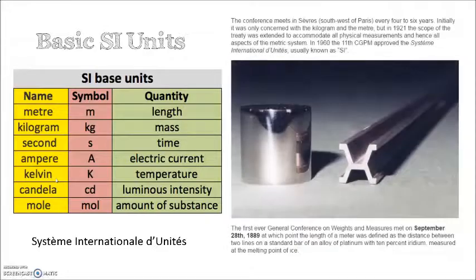This picture here shows you the kilogram and the meter. It's a platinum rod with 2 lines on it, and they decided that a meter was the distance between the 2 lines on this platinum rod with 10% iridium, and it had to be measured at the melting point of ice, so that was 0 degrees C. So you can see that it's really humans who have set up what these mean, and in ancient times they used their hands to measure things, and they had measuring rods, and things haven't changed that much.